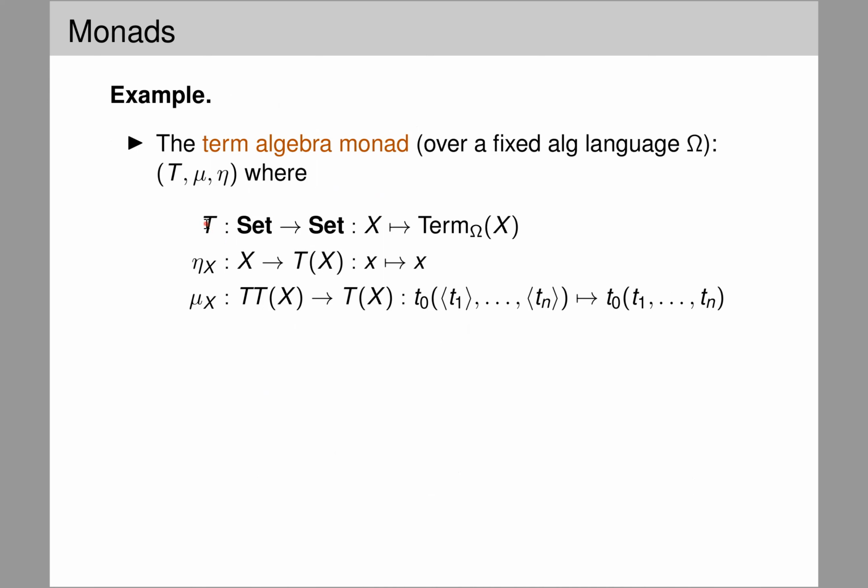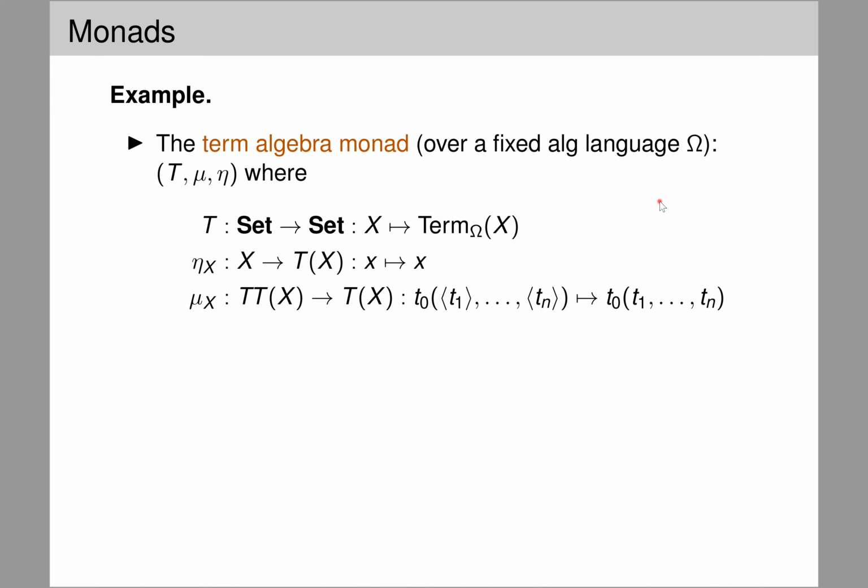So let T be the functor which takes the category of sets onto itself and takes a set X, a set of variables, to the set of all omega terms over X. Omega is a fixed algebraic language, of course.